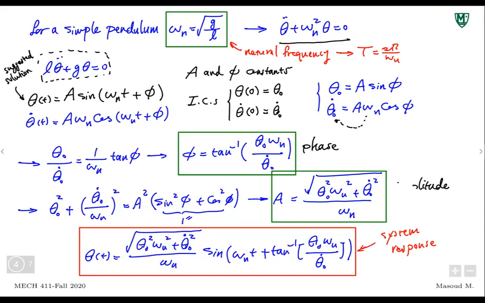Okay, for some reason I erased this. Let me just write it again. Now, this is a kind of long system response. It doesn't really tell us that much about what is going on in this system.